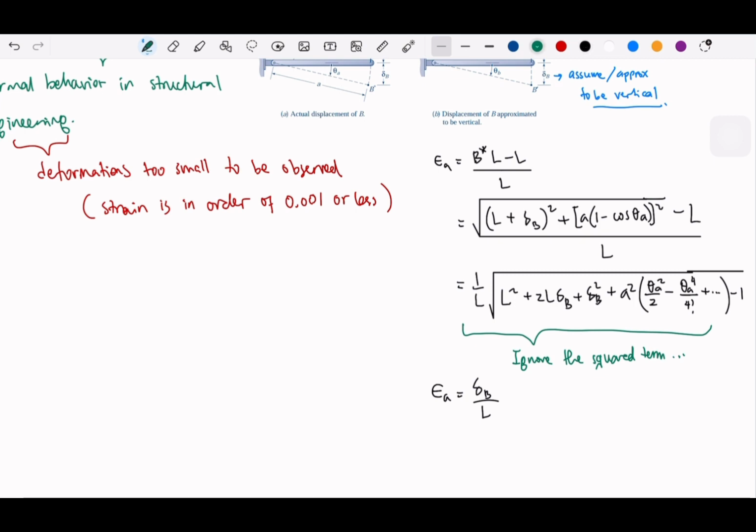Because since theta we can approach with sine inverse, and delta over A we can approach using the series, then theta A can also be approached by delta B over A.